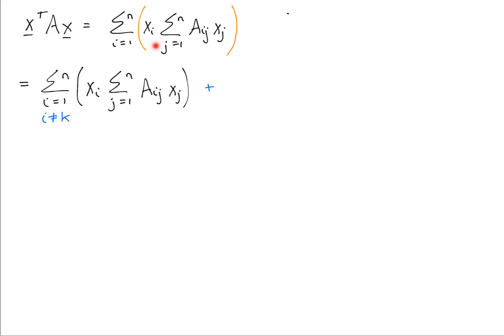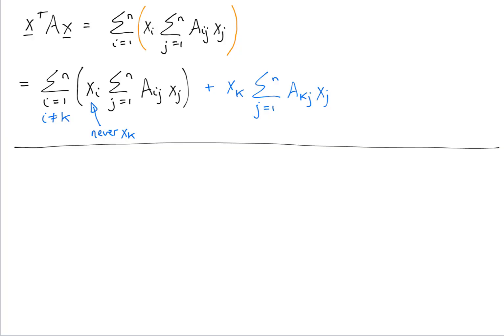So the term when i is equal to k, we're just left with an x_k here, times the sum when j equals 1 to n of a_kj x_j. So we need to replace that instance of i with k. And so these are the terms that we will differentiate when we take the derivative with respect to x_k of this quadratic form x transpose A x.